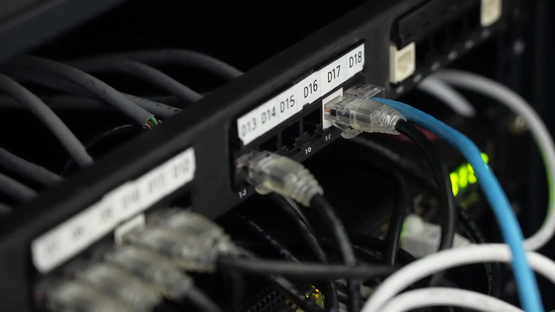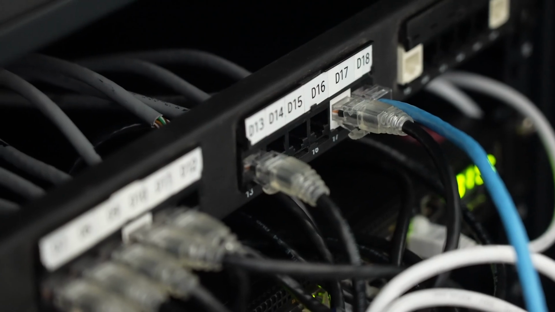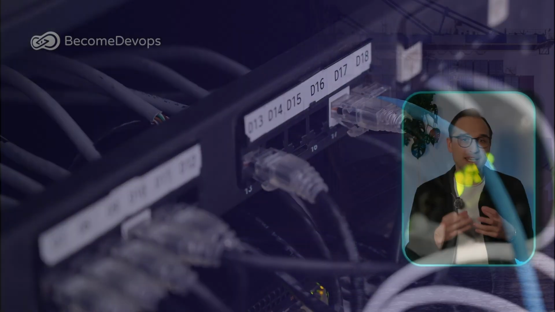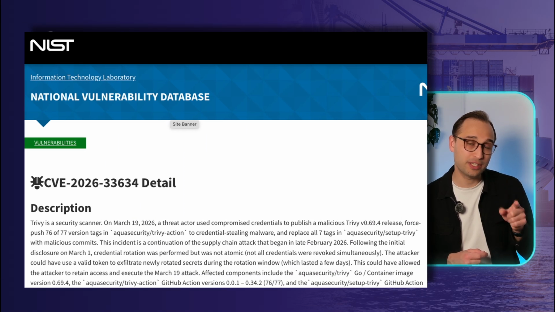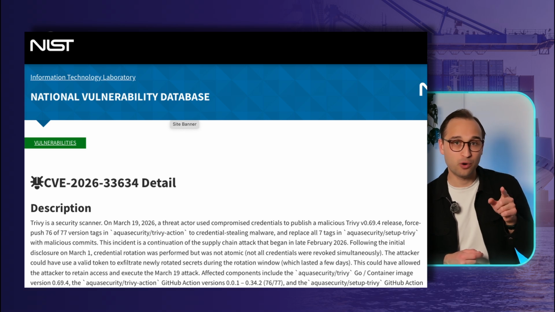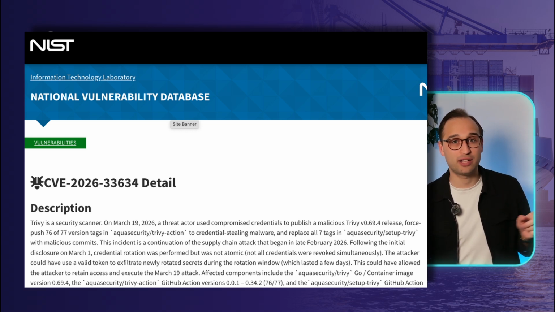Scanners, despite their popularity, we still need to think about as an inseparable part of the infrastructure that we need to maintain and secure. Because what happens when the very tools designed to protect us become vulnerable themselves? A good example is a very recent vulnerability, CVE 2026 33634, that exploits Trivy image scanners.